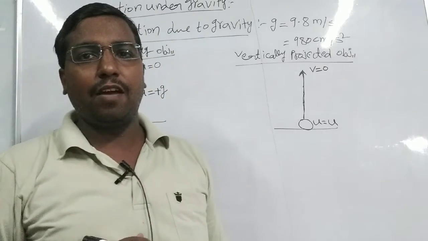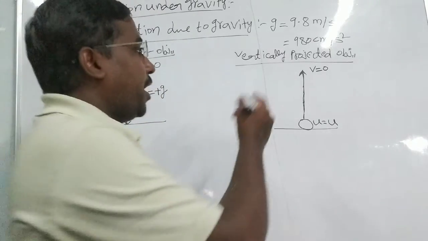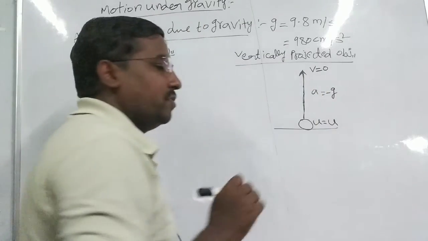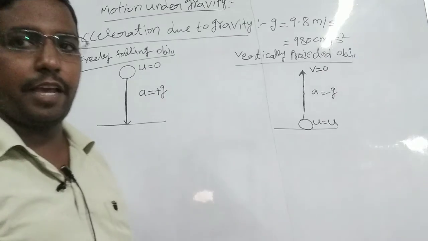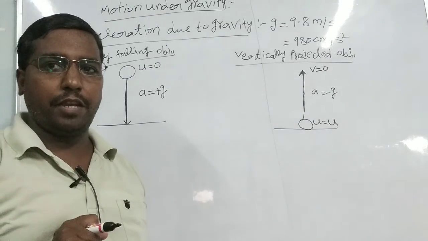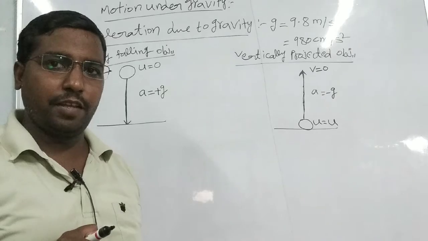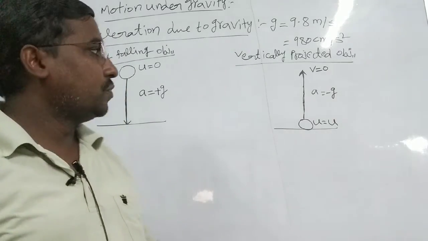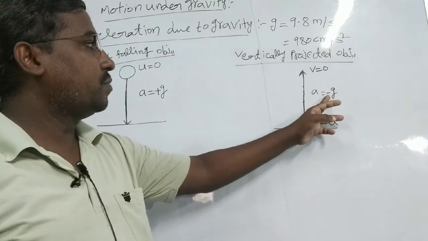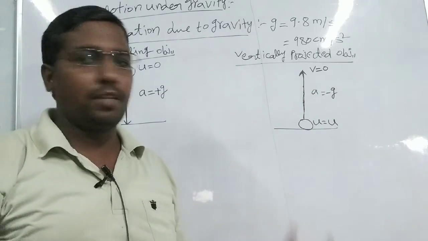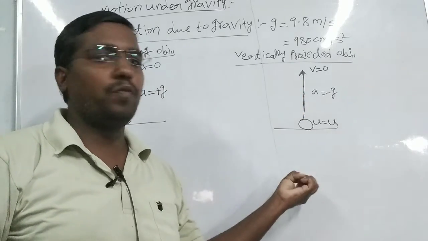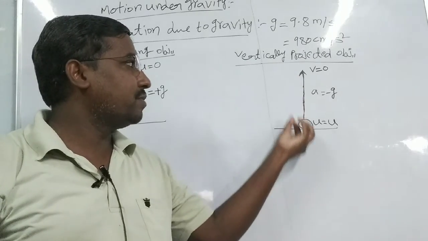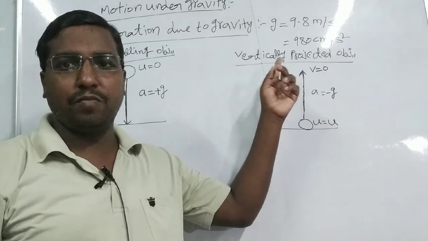Decreasing velocity gives negative acceleration, which is minus g, also called deceleration. So here a equal to minus g, since the earth attracts it downward, and its velocity finally becomes 0.